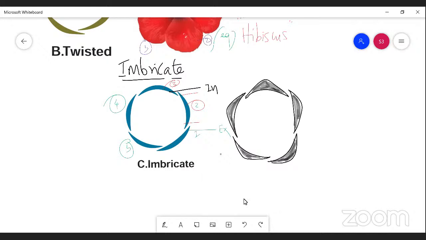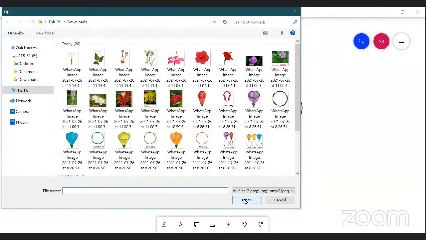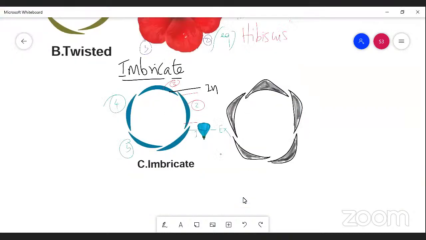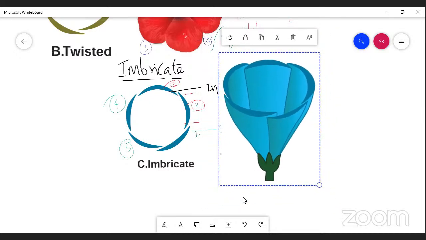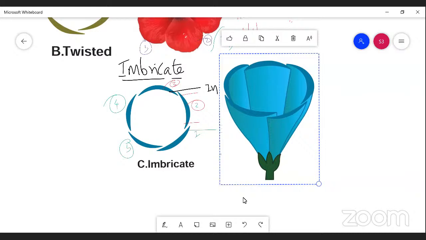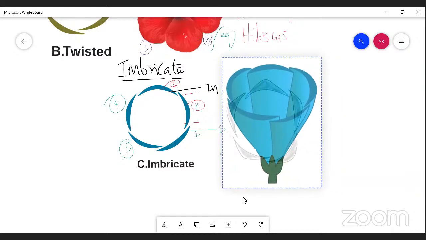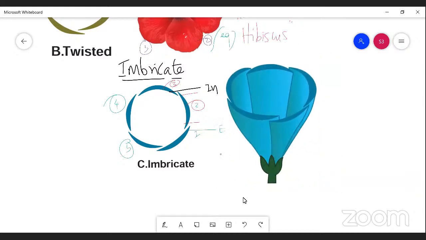Just imagine, my dear students. If you take a flower, the petals are arranged in this manner. So now this is a flower in which you find the arrangement of petals, right? Dear students, I have drawn the structure of petals, and each one is represented as a petal.